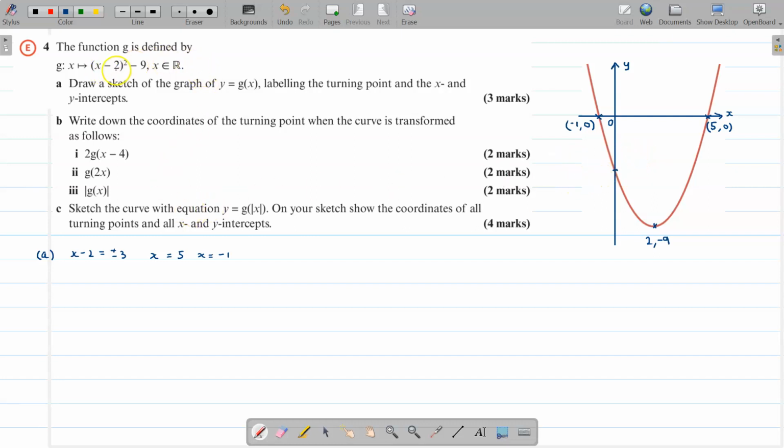So 0 minus 2 squared is 4, and 4 minus 9 is -5. So this point here has coordinates 0, -5. And that's it. So that's a sketch of y equals g of x.